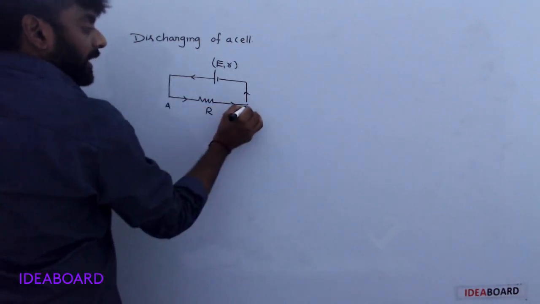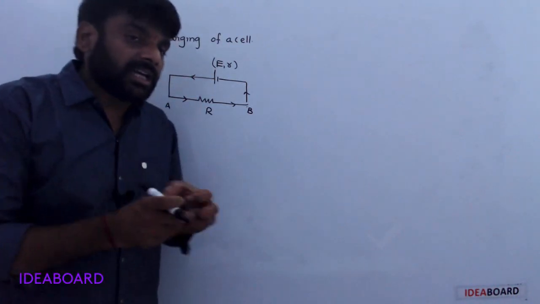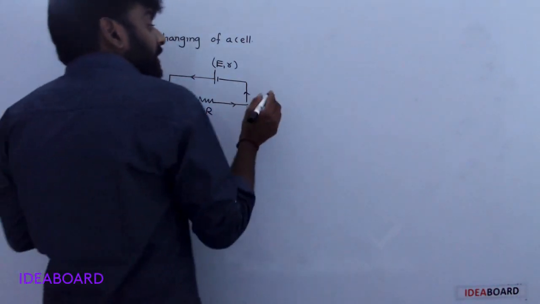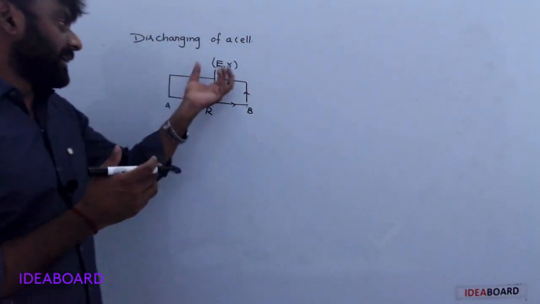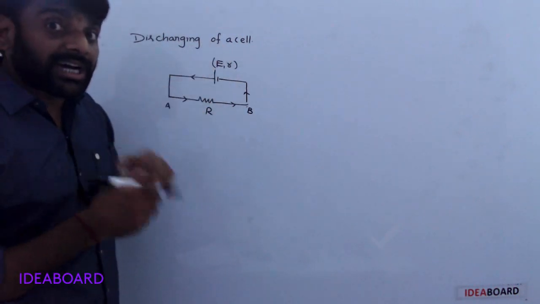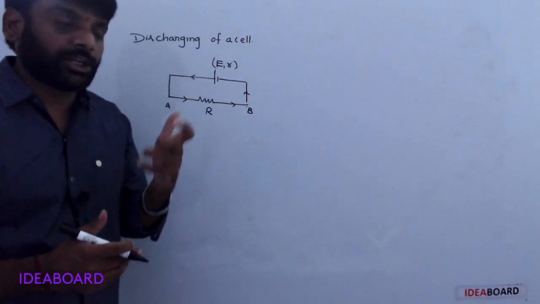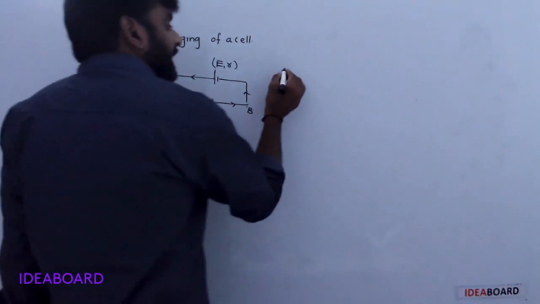Point A, point B. Discharging of a cell means it is giving charge, it is losing its charge.